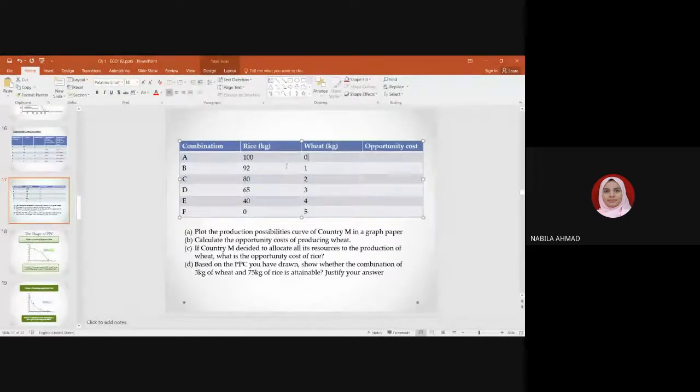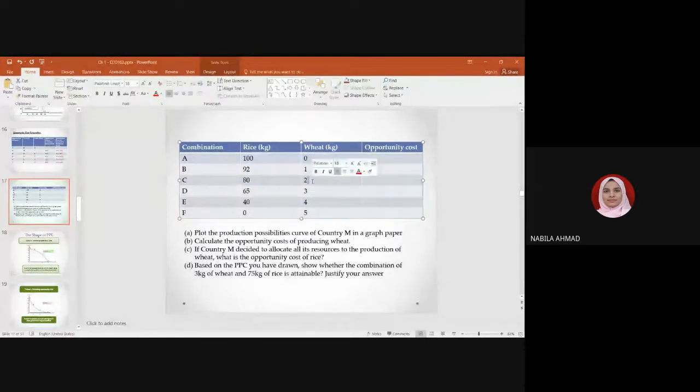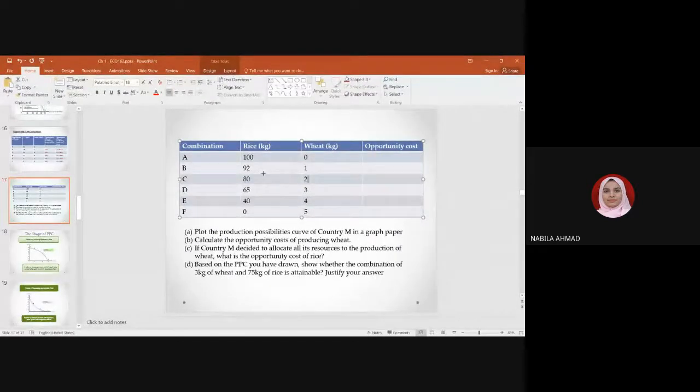0 ke 1, berapa kat sini? 100 tolak 92, 8, betul? So, tambah 1 ke 2 wheat, berapa awak akan sacrifice di sini? Tambah lagi 2, 3, berapa awak akan sacrifice di sini. So awak dah dapat di sini and then awak lukislah PPC.